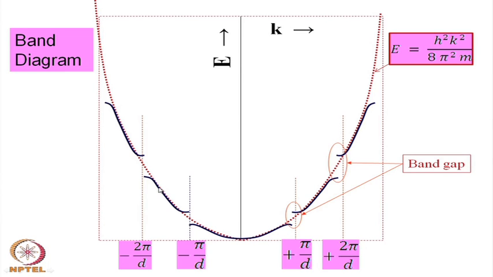In some other material this may be the valency band and above that there will be the conduction band. So, it depends on the specific material, but we are more concerned about the gap. What is the energy gap available, and that controls the property of the material to a large extent.